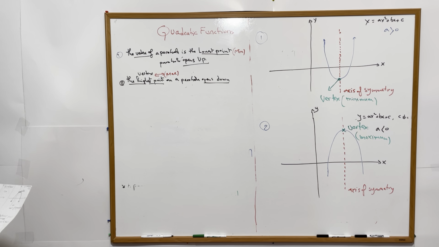Every parabola is symmetric with respect to a vertical line through its vertex, always.